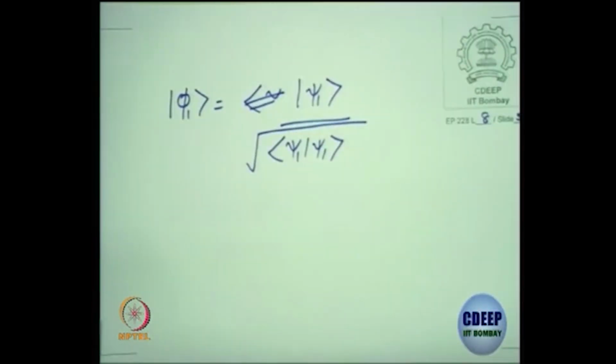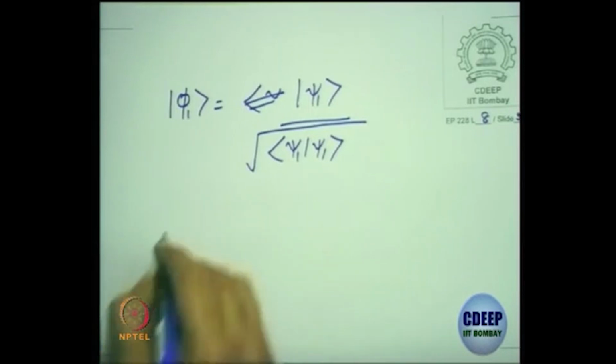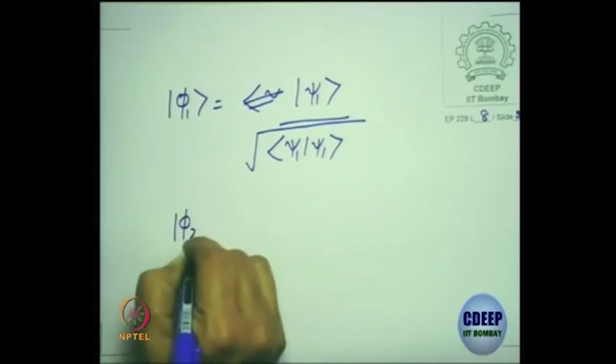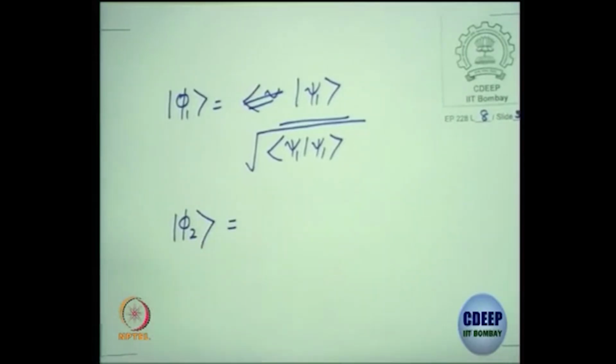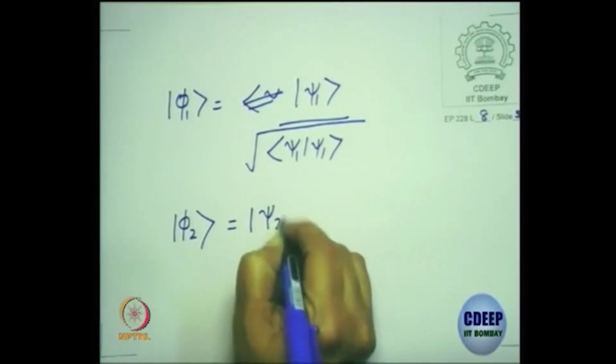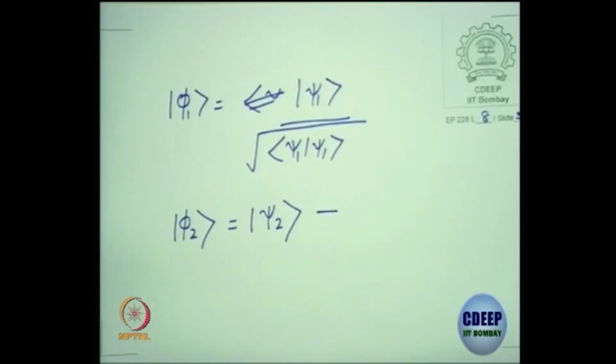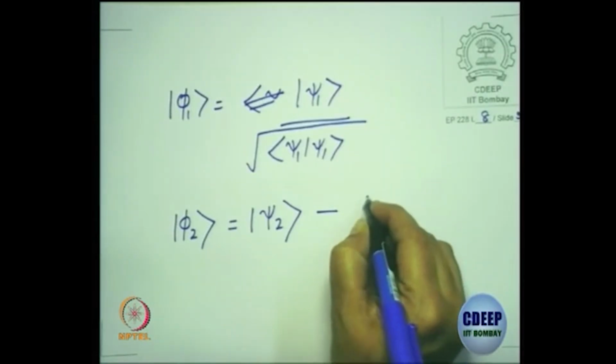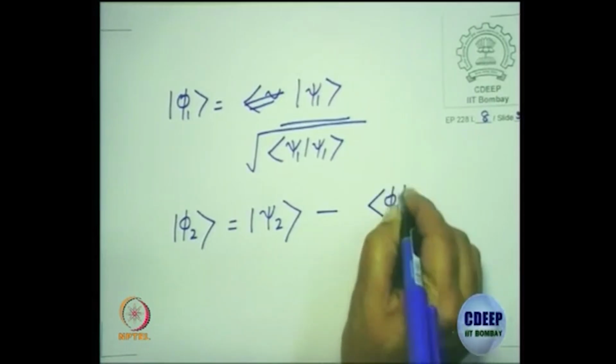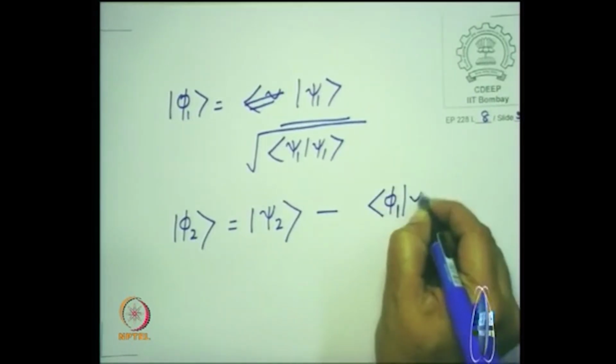So, we are doing the Gram-Schmidt orthogonalization. Take one of the two states, just normalize and call it the first basis vector. How do I find phi 2? Phi 2 will be the second non-orthogonal vector, but subtract the component along phi 1. So, that is what you will do. Typically you do this, and this is what will give you the component along phi 1.